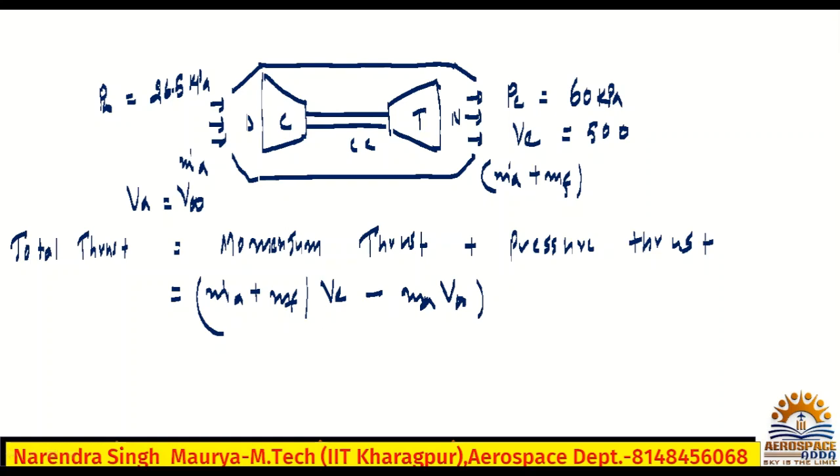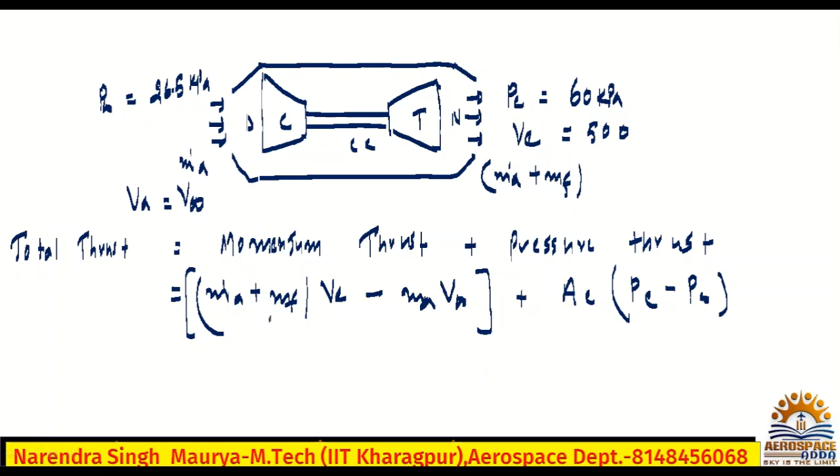This is the momentum thrust, final minus initial momentum. What is the pressure thrust? You have to take the exit area, and exit pressure minus initial pressure will be the pressure thrust. Yes or no?